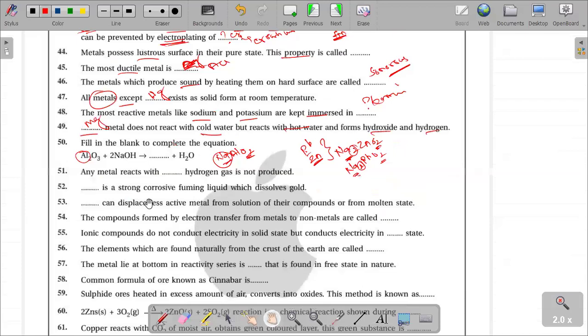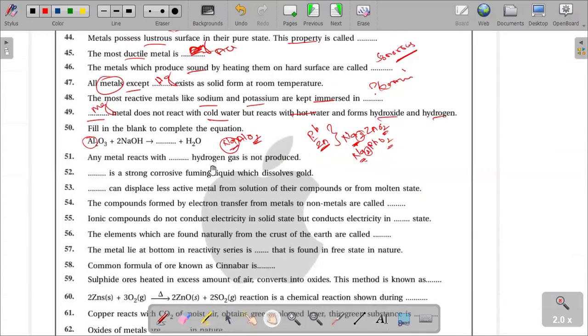Next, any metal reacts with dash and releases hydrogen gas, but in one case it won't produce hydrogen gas. Metal plus acid should release salt plus hydrogen, correct? But in the particular case it won't release hydrogen. So which acid?